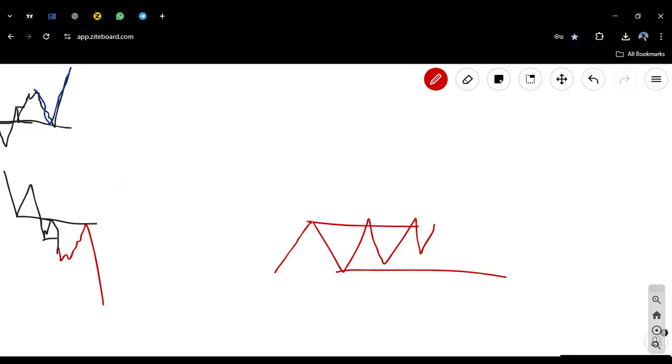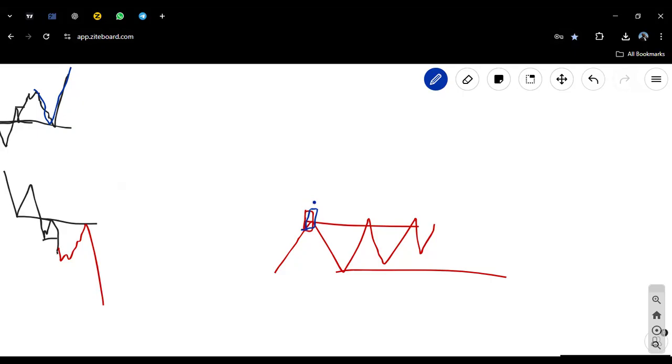From that point, you find the last candle. For example, if it is the resistance, you'll find the last buying candle here. From that last buying candle, there are two ways.